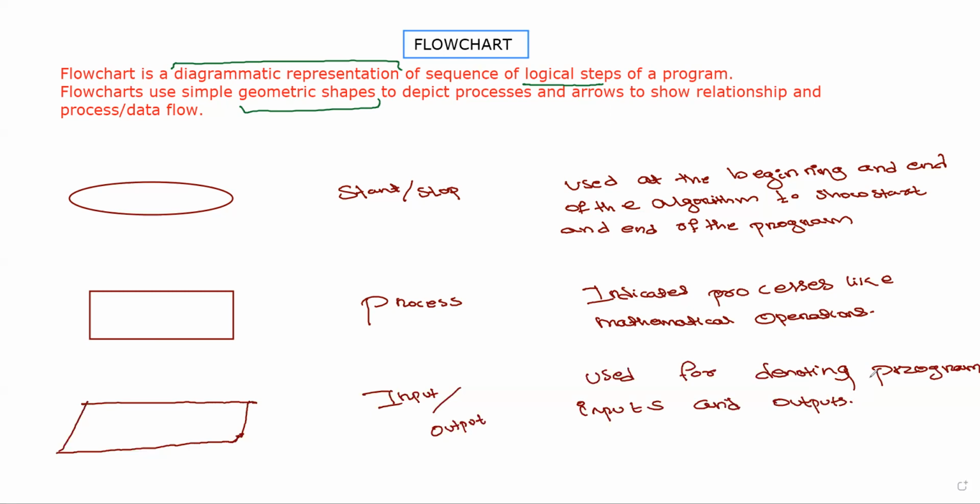Then the next point is the diamond symbol. Generally it is used for decisions. When you are taking any decision, you draw this one.